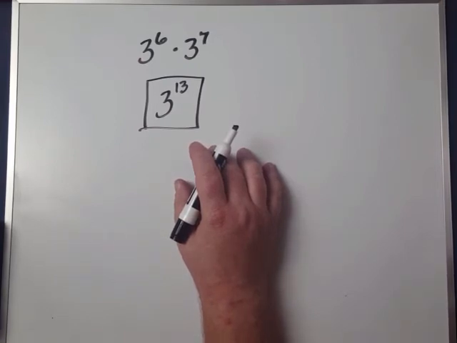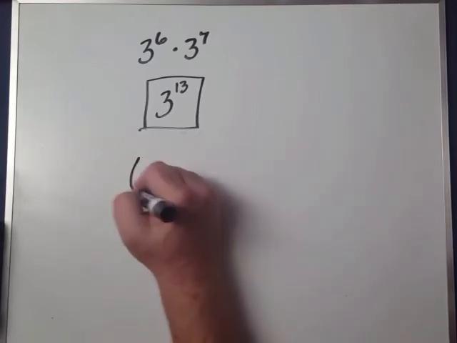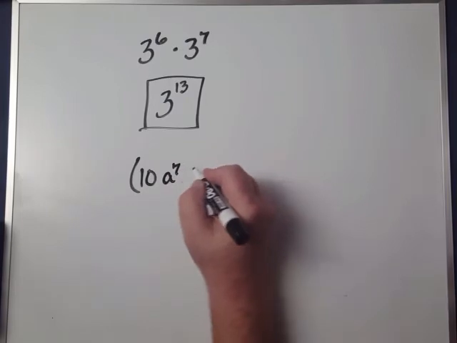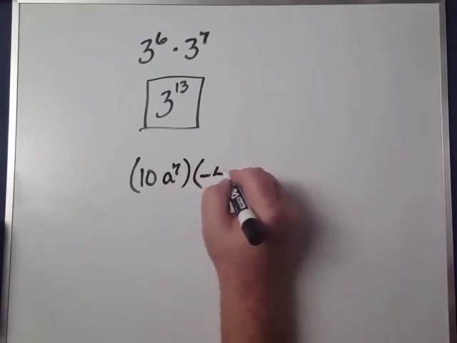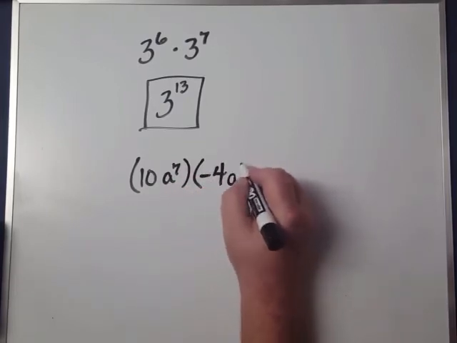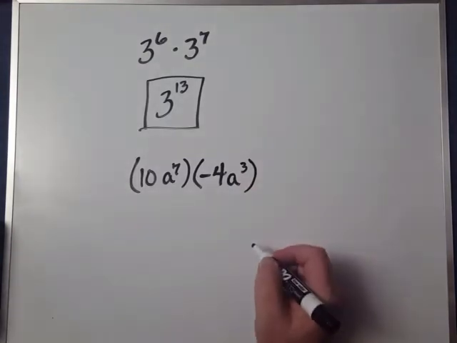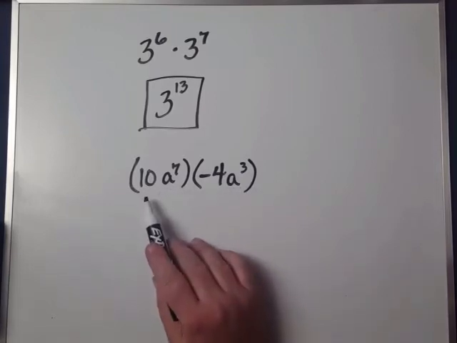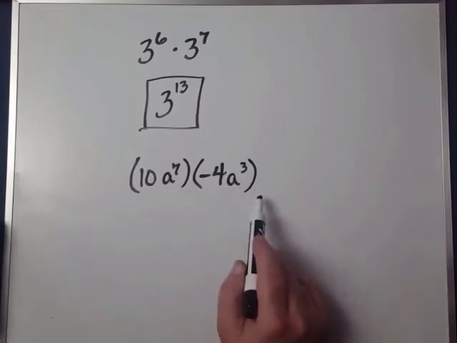Number 34. We know that multiplication is commutative and associative. The associative property lets me drop the parentheses.